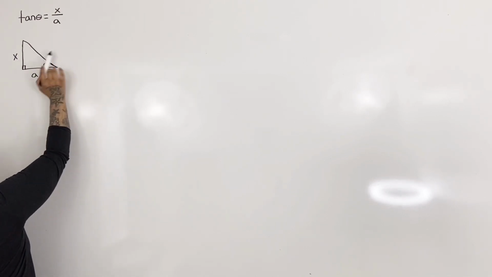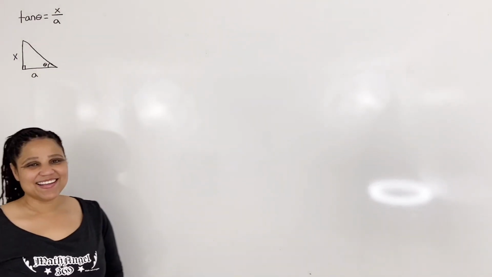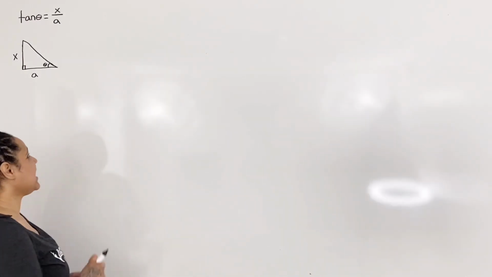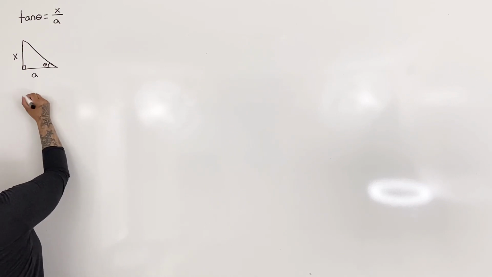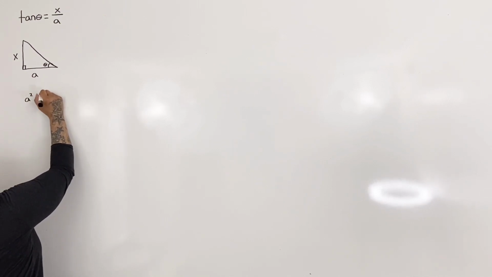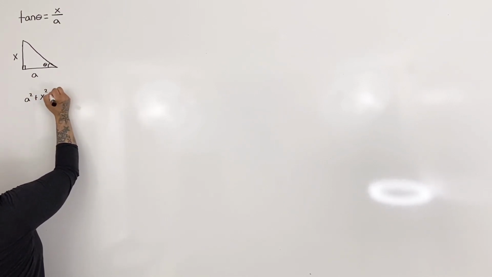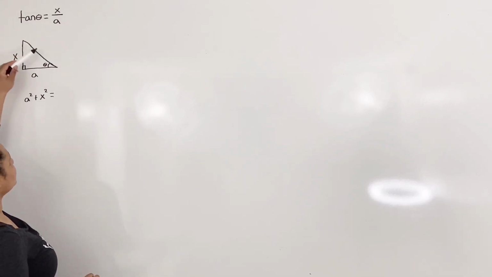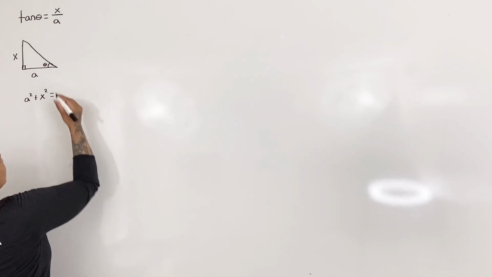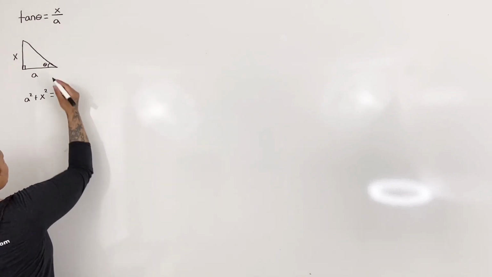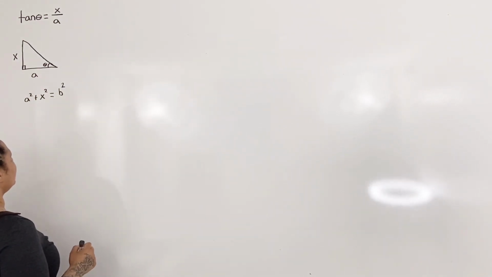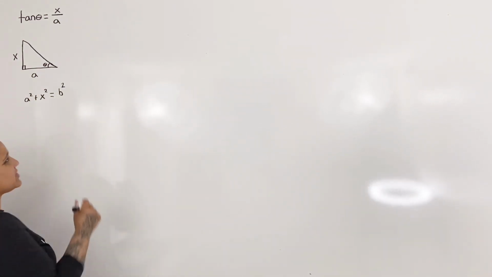So now all I want to do is solve for the missing side, and we do that using the Pythagorean theorem. So we have a squared plus x squared is equal to, how about we let the missing side be called b? So that's going to be a squared plus x squared is equal to b squared. And I want to solve for the missing side, so I will take the square root of both sides.